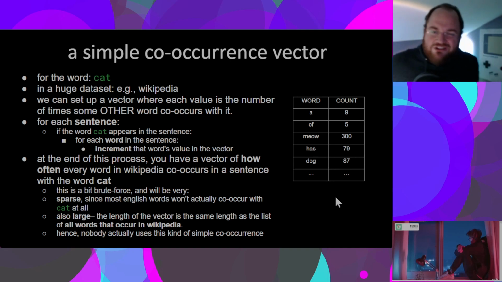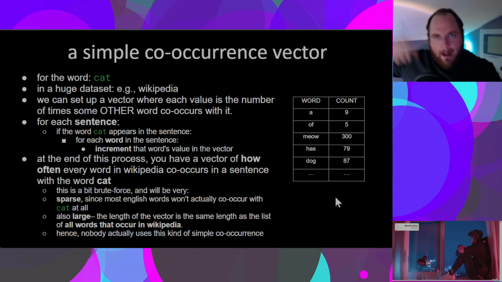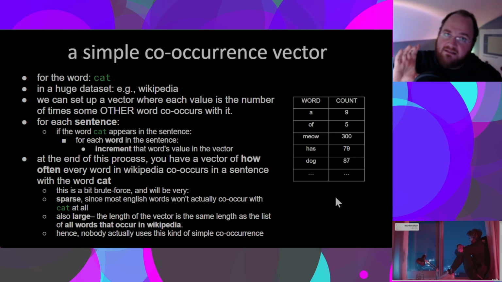They aren't all very illustrative. At the end of this process, though, you're going through Wikipedia, you do this for each sentence and each word in that sentence. You write your little Python script, run through, blah, blah, eat the whole thing. At the end of it, you would have a vector of how often every word in Wikipedia co-occurs in a sentence with the word cat.